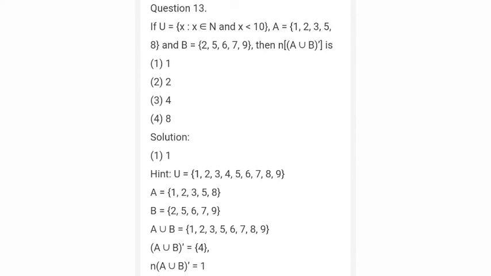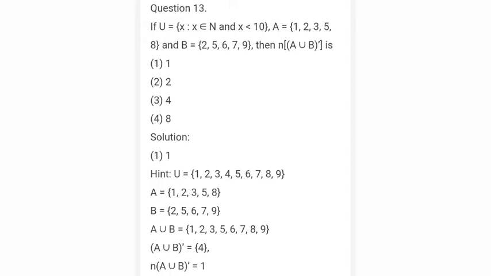Okay. Question number 13. If U equal to the set of x such that x belongs to N and x less than 10, A equal to 1 2 3 5 8 and B equal to 2 5 6 7 9, then n of A union B the whole dash is: First we find A union B. We explain U: natural numbers less than 10 means the U value is 1 2 3 4 5 6 7 8 9, that's all.